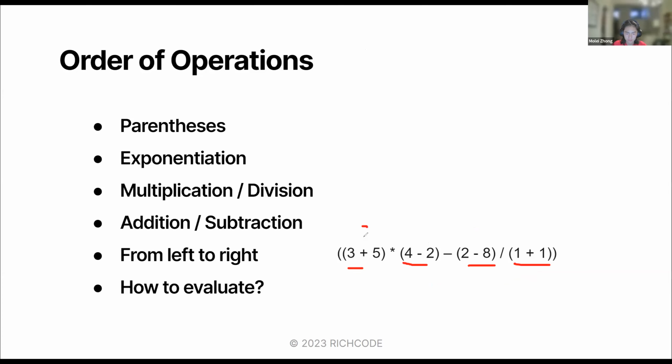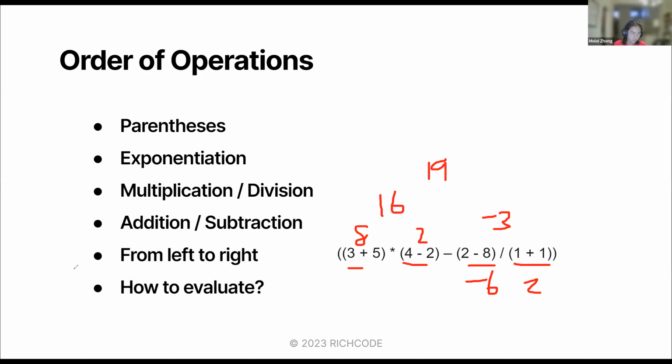Here we go. 3 plus 5, that's 8. 4 minus 2 is 2. And then we multiply these two together, that's 16. 2 minus 8 is negative 6. Divided by 1 plus 1 is 2. So then this one is negative 3. So 16 minus negative 3 just becomes 19.